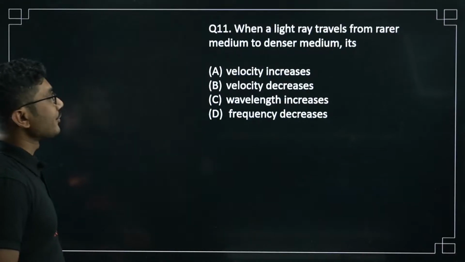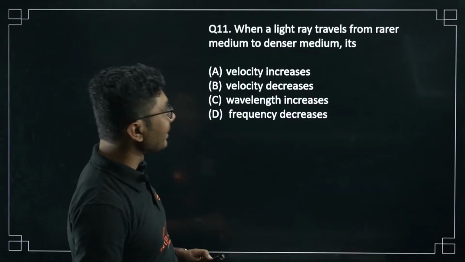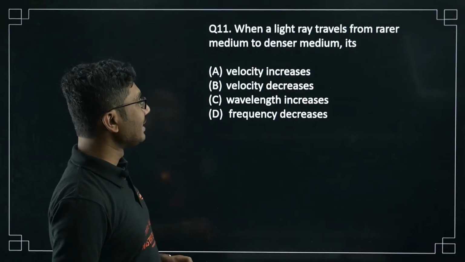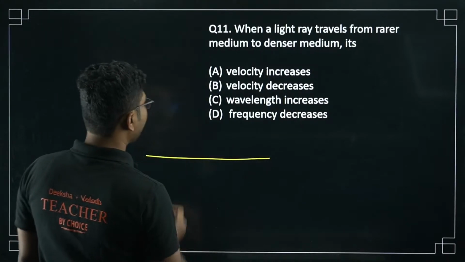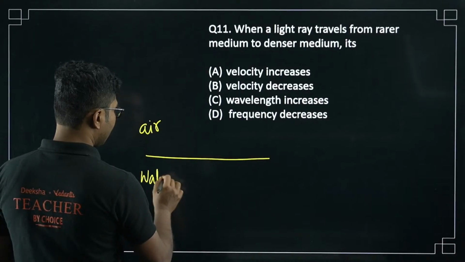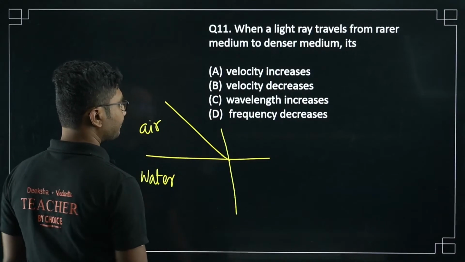Now, next question. When a light ray travels from rarer medium to denser medium, its velocity increases, velocity decreases, wavelength increases, frequency decreases. So the light ray is traveling from rarer, say air, to a denser medium, say water. What happens to this light ray?